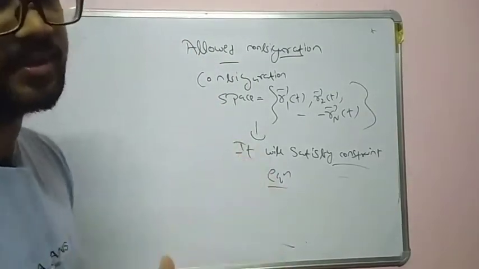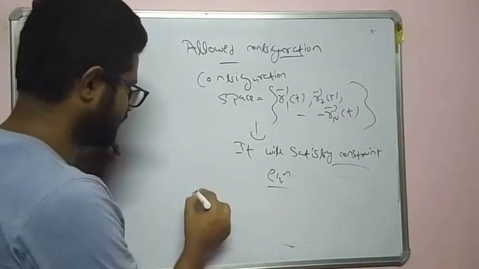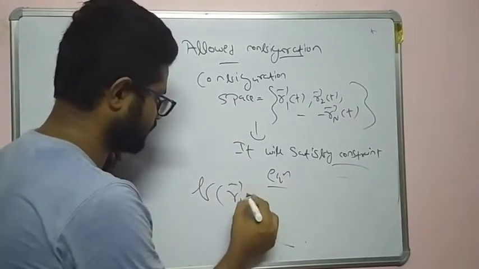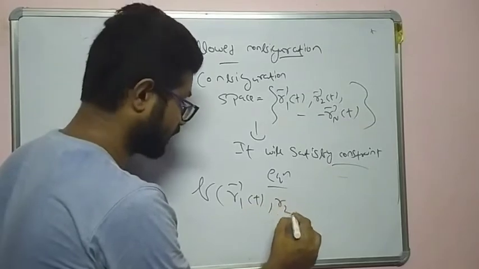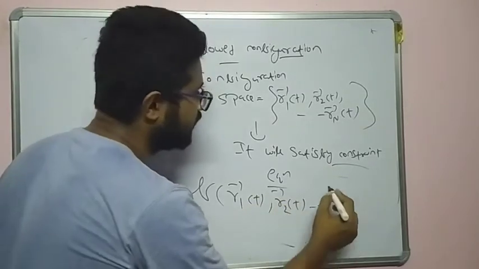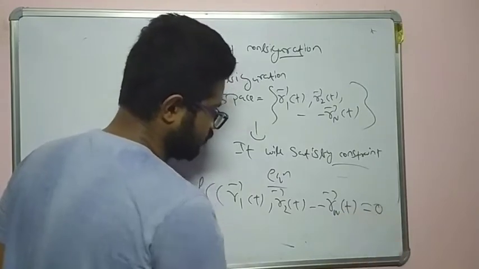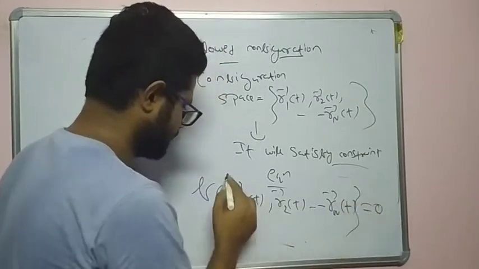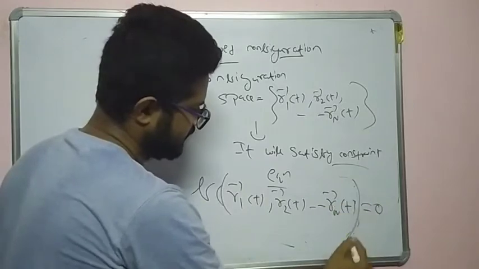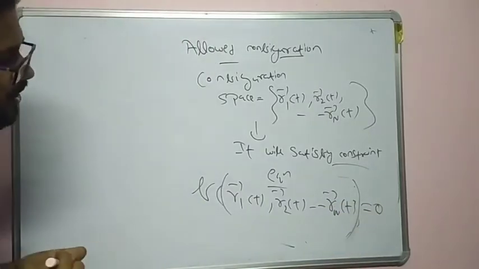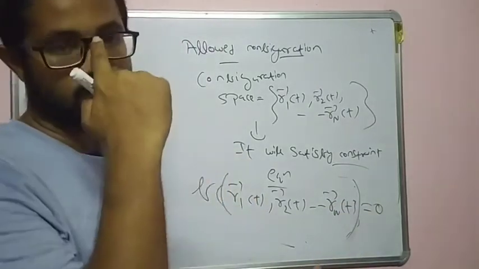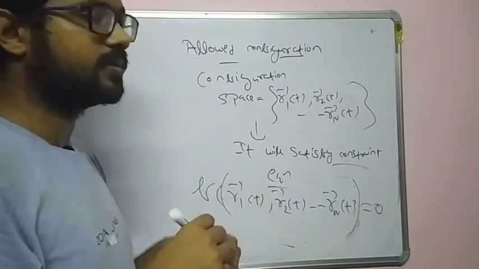So what is the constraint equation? The constraint equation is nothing but holonomic, so you can write f of r1 vector t, r2 vector t, up to rn vector t equal to 0. Very nice. If it satisfies the constraint equation and it also contains the time part, then it is rheonomous holonomic.